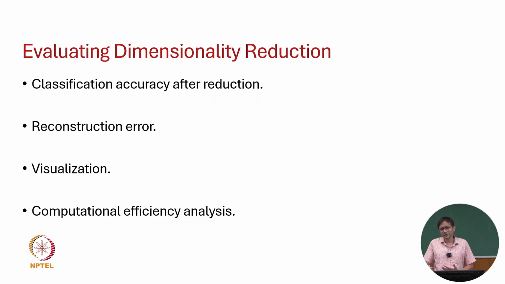Similarly, even if you are just reducing from 230 bands to 100 bands, you would expect that the performance remains consistent. Similarly, one could look at reconstruction error. The visualization, of course, is an important aspect. And then computational efficiency.